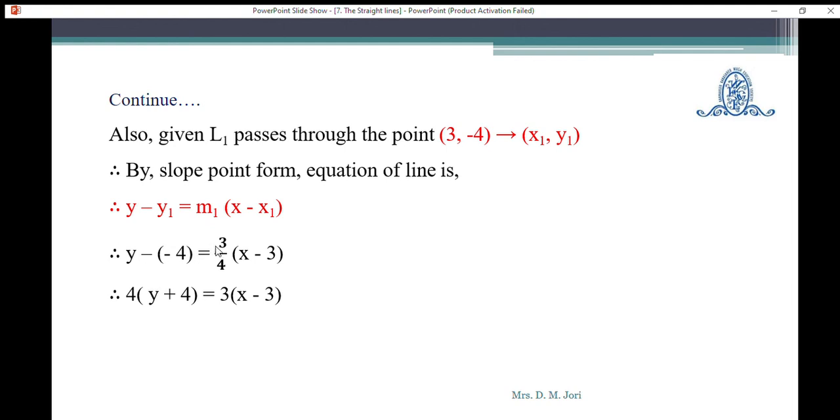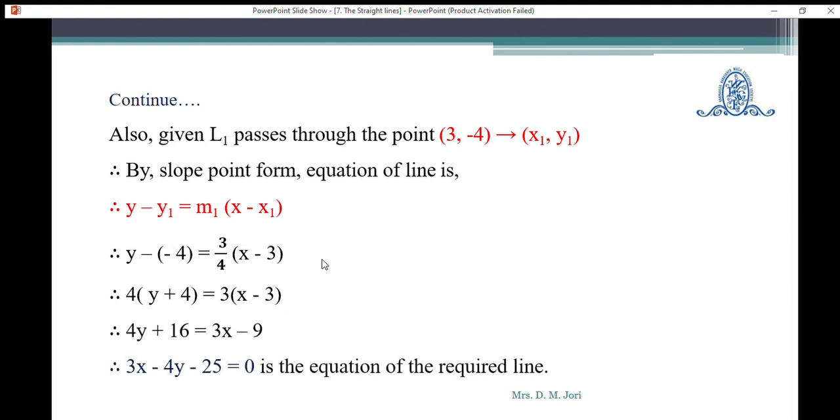So for the simplification, 4 gets cross multiplied to the left hand side, 4 into y plus 4, do put brackets to avoid silly mistakes, 3 into x minus 3. Simplify, open those brackets, and write in standard form at last: 3x minus 4y minus 25 equal to 0 is the required equation of the line which is perpendicular to the given line.